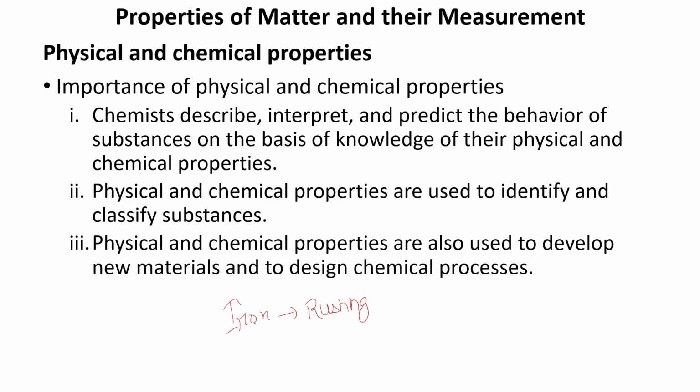So to avoid that, iron is mixed with chromium and an alloy is made. What does chromium do? Chromium reacts with oxygen and forms a protective layer, so that further rusting can be avoided. Now, you must have heard about stainless steel. Stainless steel is an alloy of iron plus chromium plus carbon and many more elements.